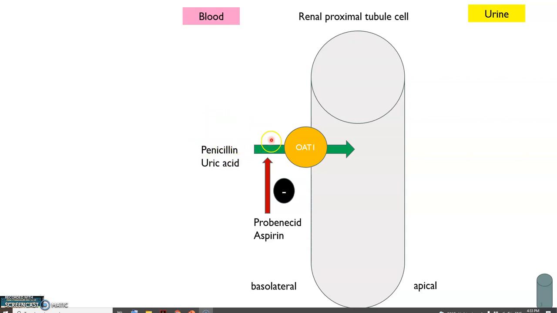So its action will be prolonged. Similarly, with uric acid you have problems getting rid of it, so uric acid will not go into the urine. It will not be excreted. So that's a potential problem if you take these drugs for a long time.